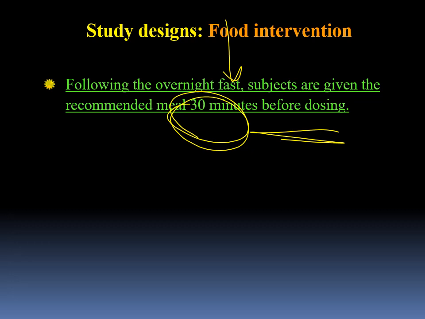So we are making sure that all the volunteers are taking the same meal. If there is an interaction, it will be unified across all the healthy volunteers we have, to also avoid the effect of different food constituents on the drug absorption.